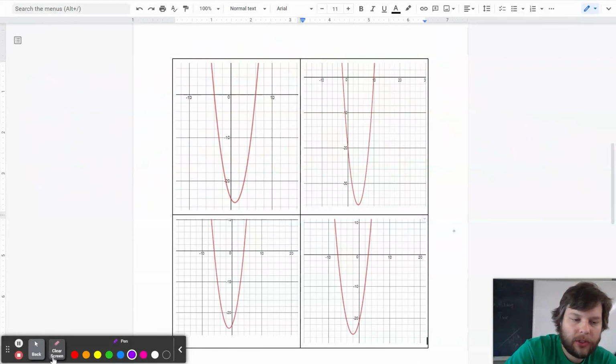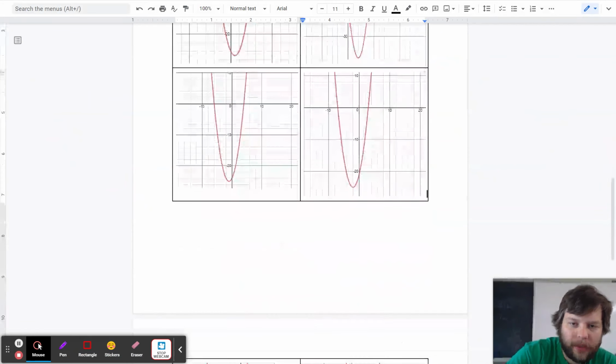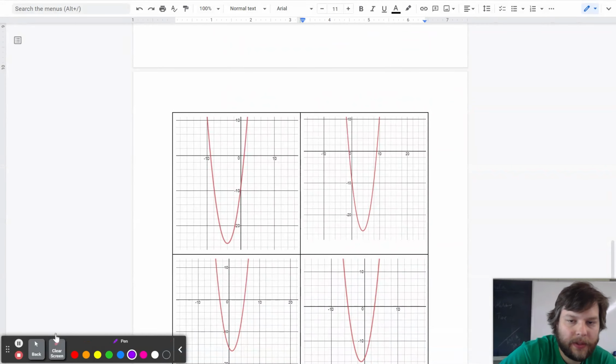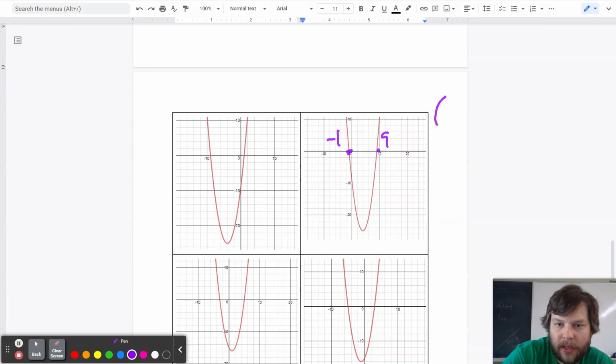So I'll just knock out 2 more examples and then we'll call it good. If there are any of these that were tricky for you, please just ask. Happy to do them. So let's do this one right here. So this looks to me like -1 and 9 are the x-intercepts. So I can write x plus 1 times x minus 9.